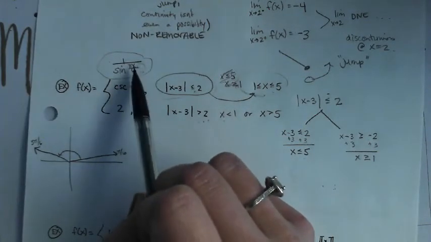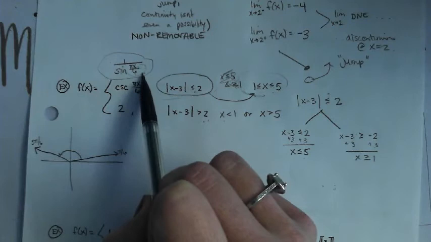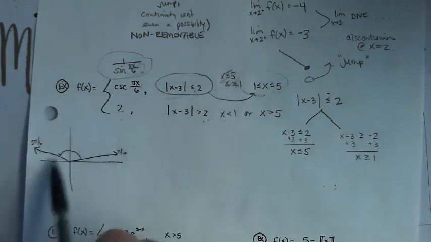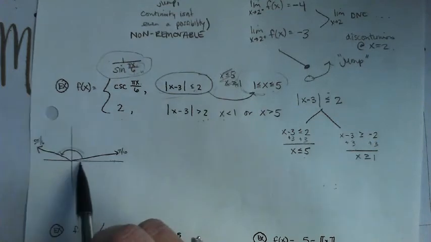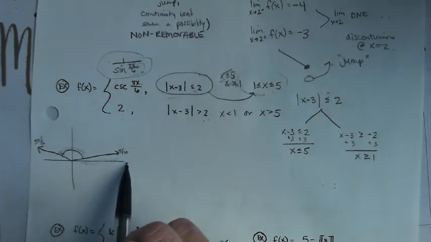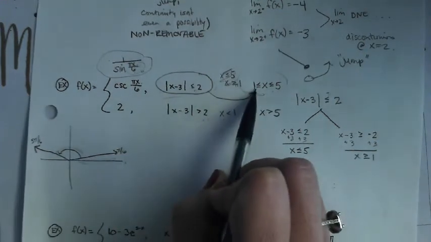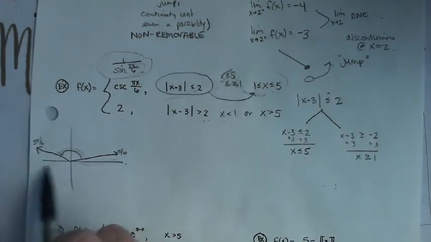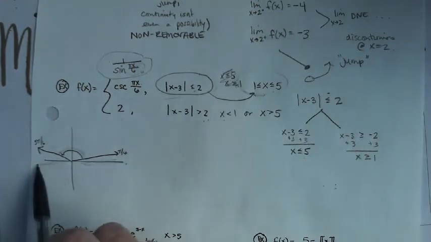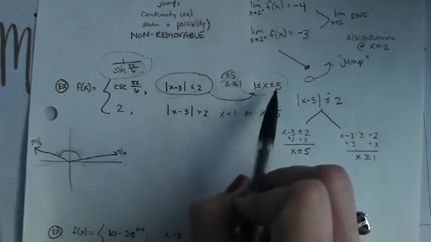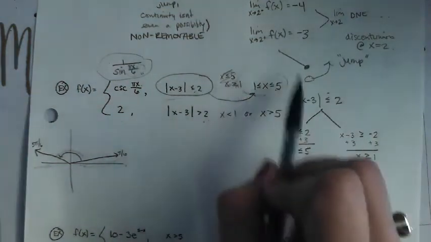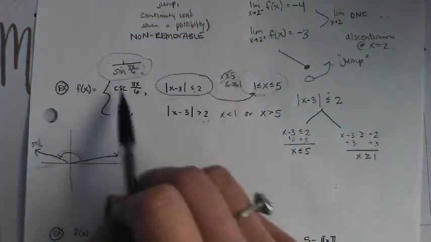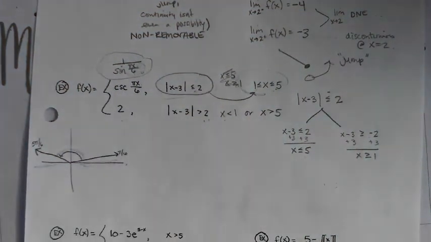Because an x value of 6 would make this 6 pi over 6. We don't have to worry about that. We're only looking in between here. So yes, the cosecant would be undefined here when x is 0, not in our interval. And yes, the cosecant would be undefined over here at pi when x would need to be 6, which is also not in our interval. So in between these two numbers, this cosecant is always continuous.